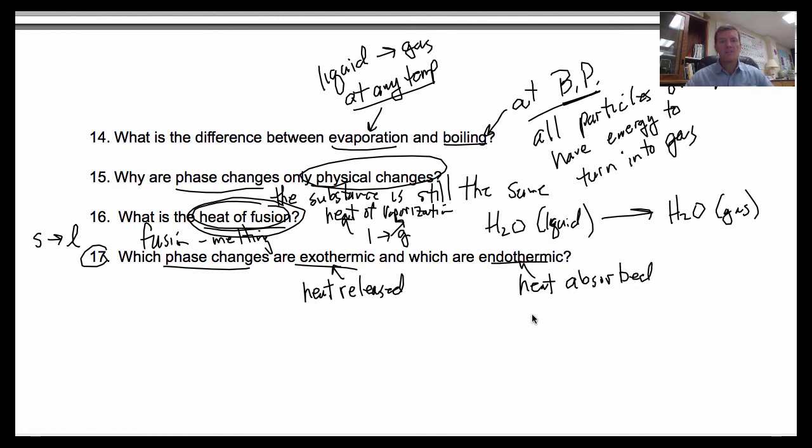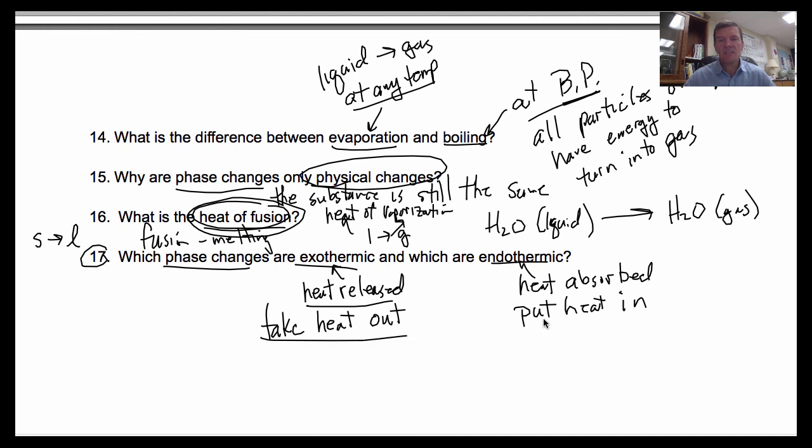Okay? So another way to say this is, in order for something to be exothermic, if heat is going to be released, the substance itself is going to cool down. You're cooling down the substance. You're taking heat out of it. Take heat out. All right? Here, put heat in.